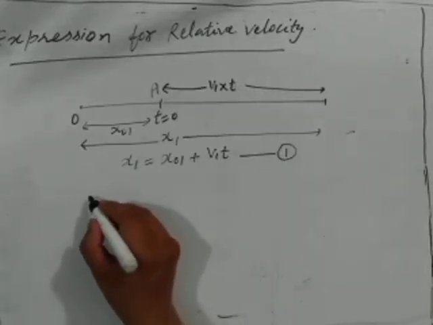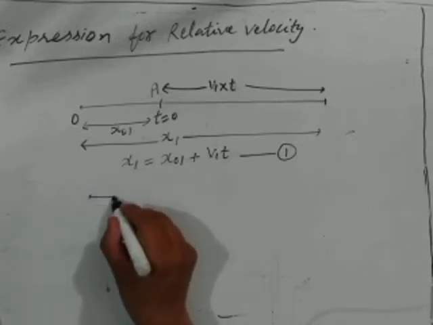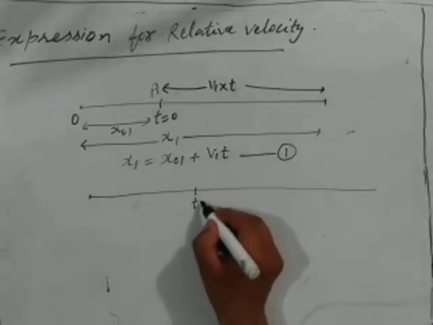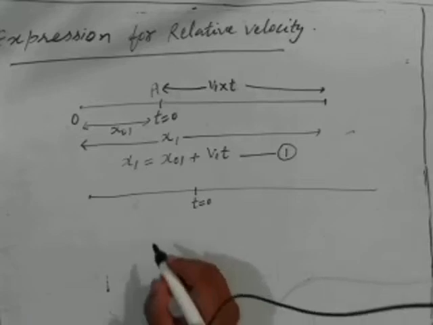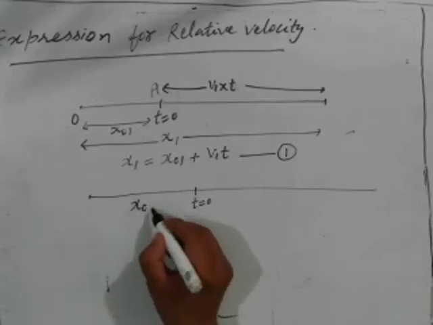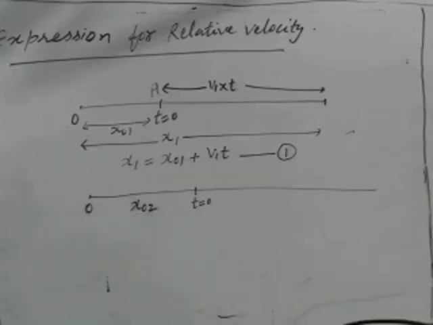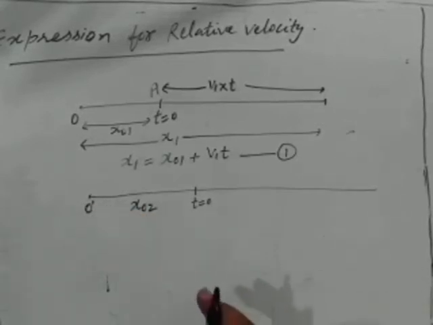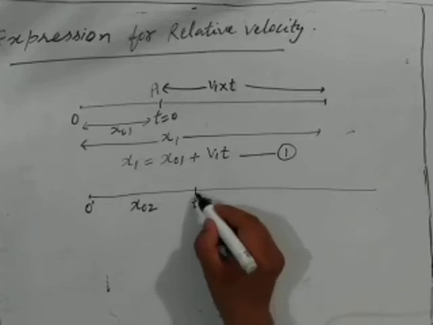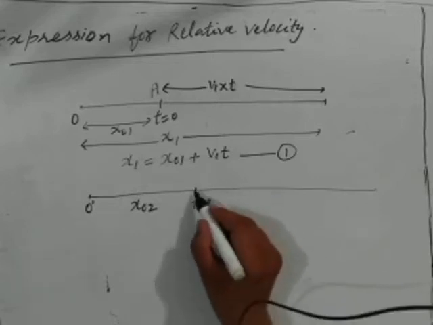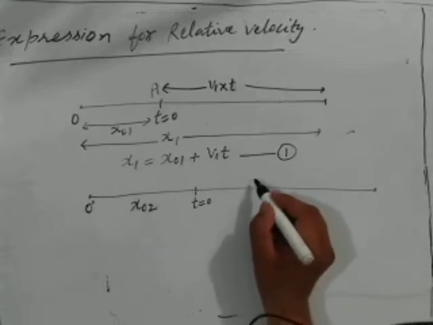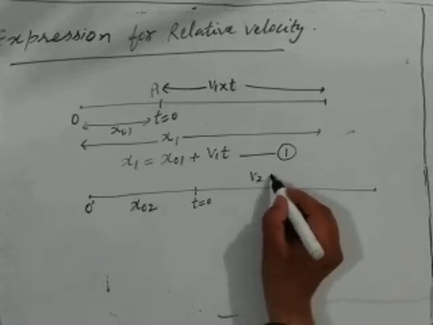Similarly, take another object at time t equal to 0. It has covered a distance of x02 from the origin O dash, and afterwards it moves for a time t covering a distance of v2 into t.